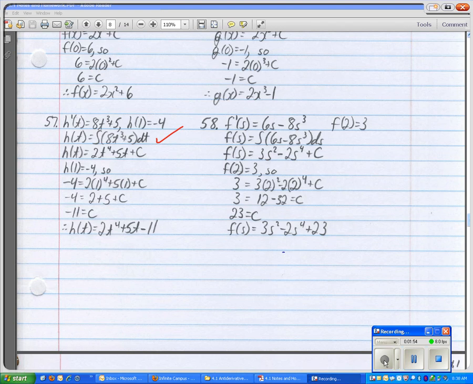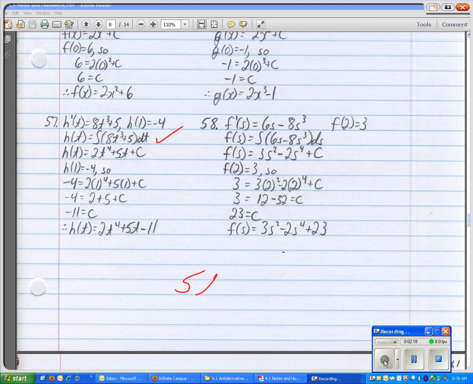Okay. Now, find the antiderivative. Use the power rule for indefinite integration. So we add 1 to the exponent, makes it a t to the 4th. Then we divide our coefficient by that new exponent. 8 divided by 4 is 2. So we get 2t to the 4th. Then for 5, actually it is the power rule too.